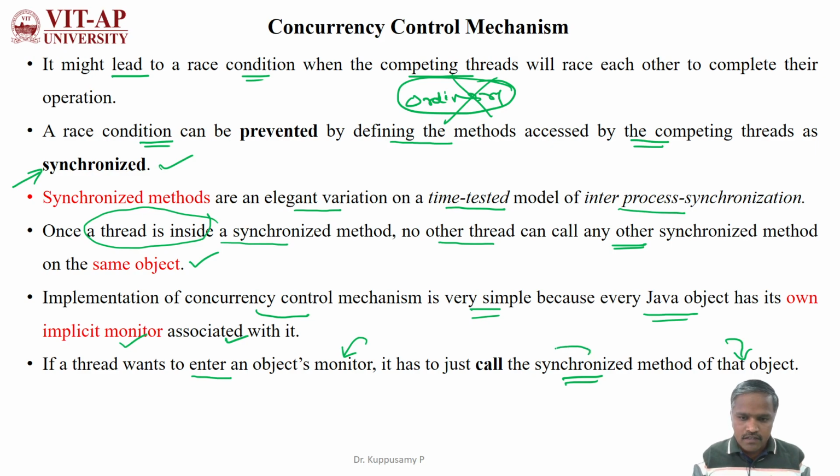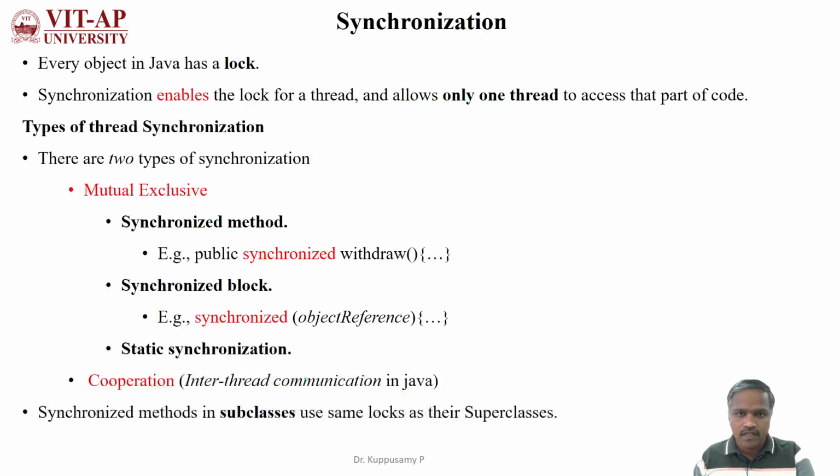Once it calls the synchronized method or synchronized block, that particular object will get the monitor or lock for enforcing the concurrency control mechanism. In Java, every object has a lock or monitor. That lock will be enabled by using the synchronization method, which allows only one thread to access the action part of that code.